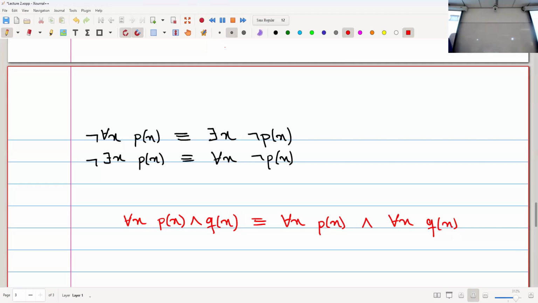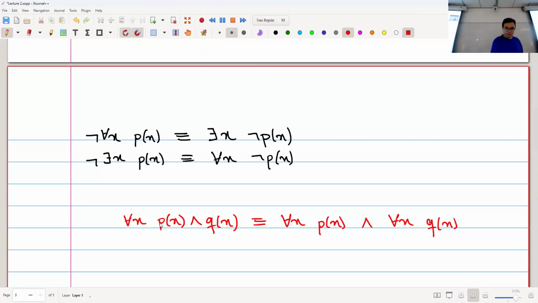I mean, it makes perfect sense. Intuitively, I'm saying that for every x in my universe, both P of x and Q of x hold. So I can say each part separately. I can say that for every x in my universe, P of x holds, and for every x in my universe, Q of x holds.